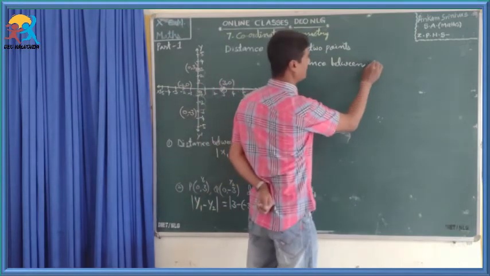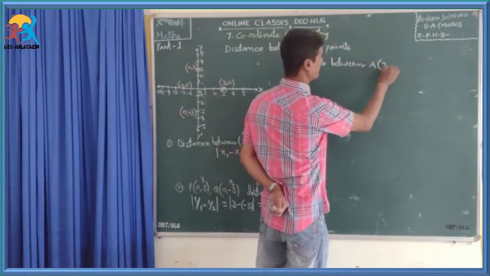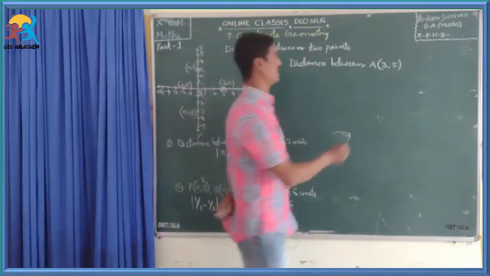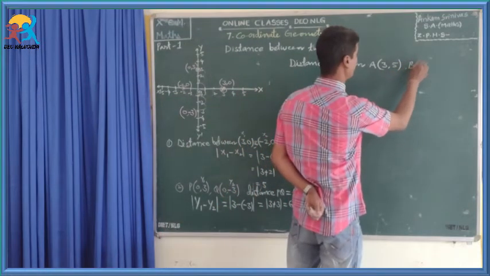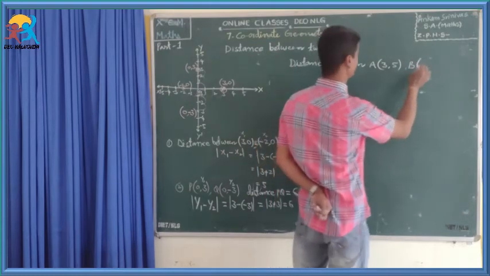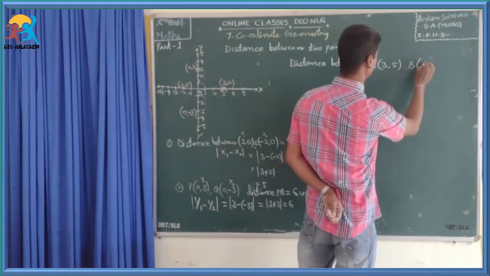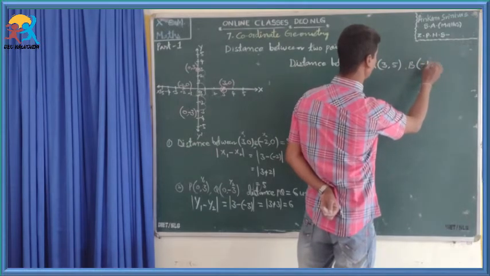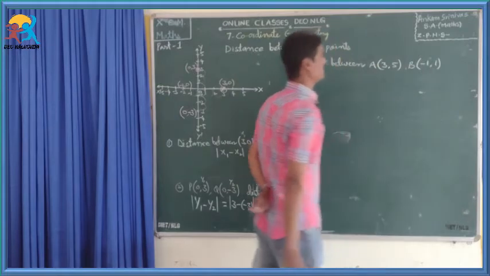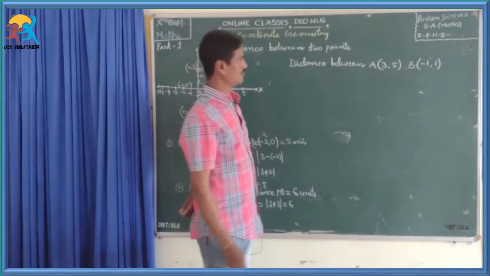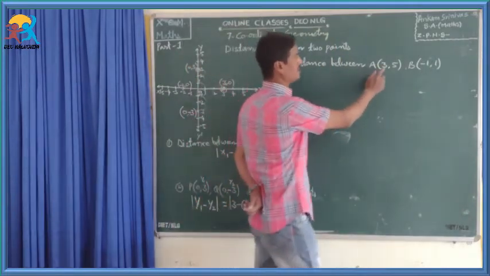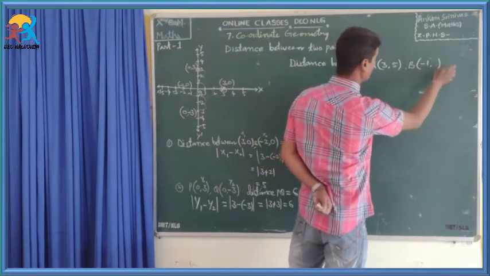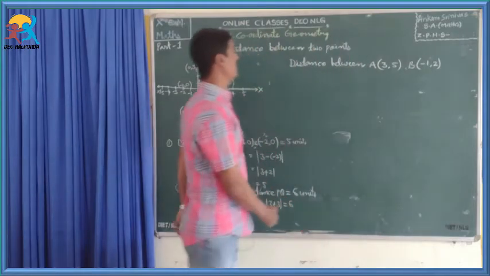I am taking A as (3, 5) and B as (-1, 2).